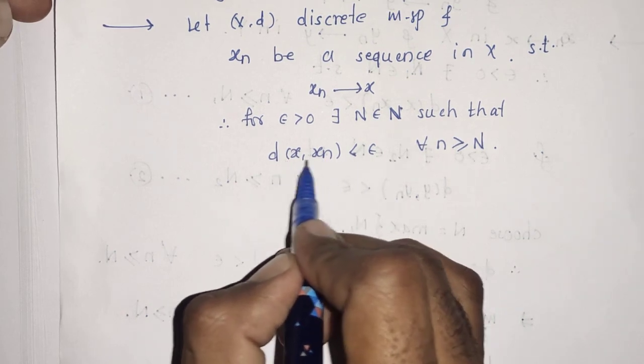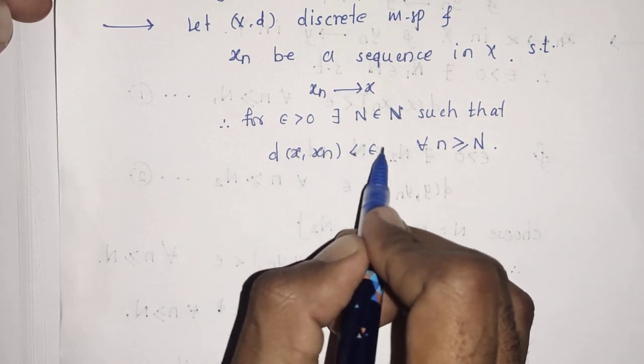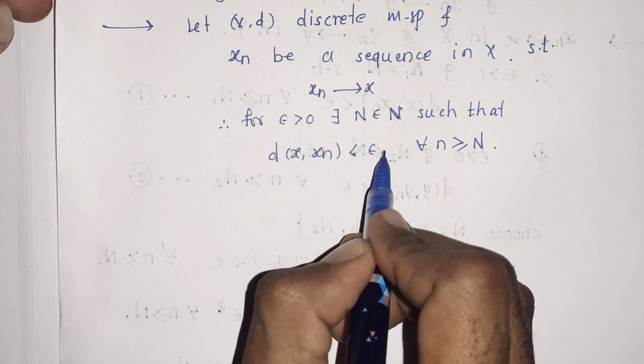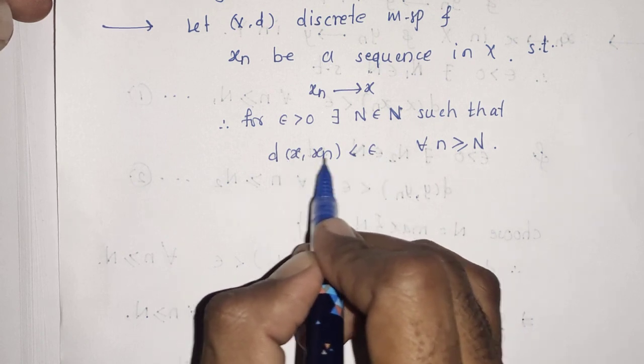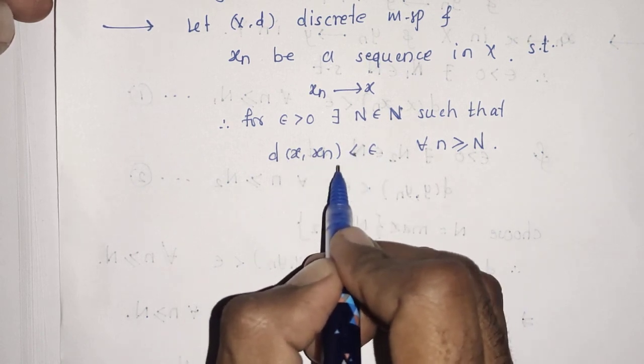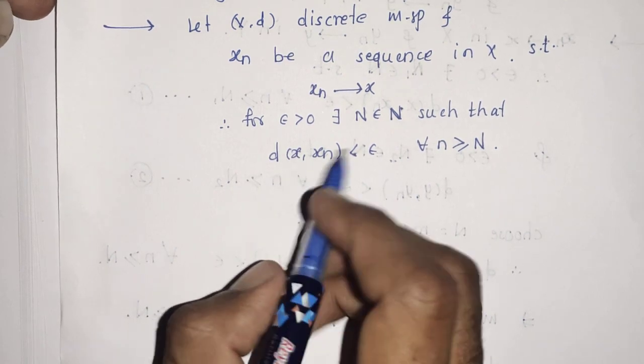So, we have to take the distance between these two points to be less than epsilon, and epsilon always tends to 0. So, for this distance less than epsilon, there is only one possibility for the distance, which is 0.